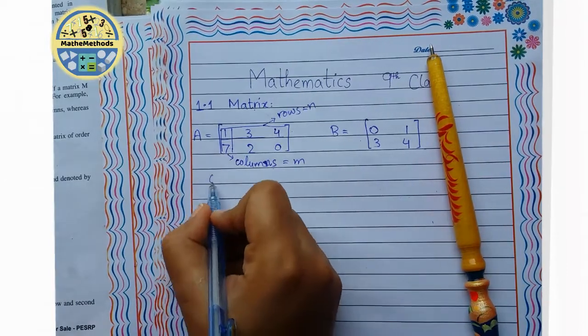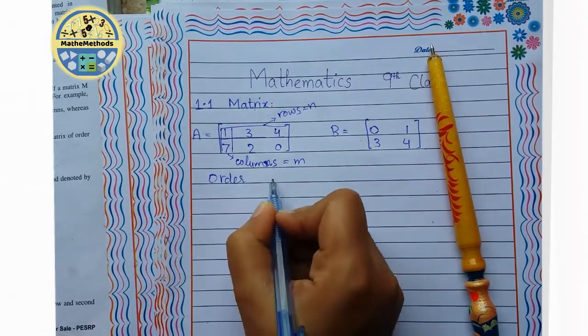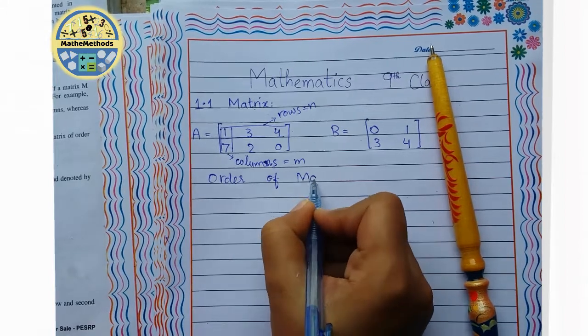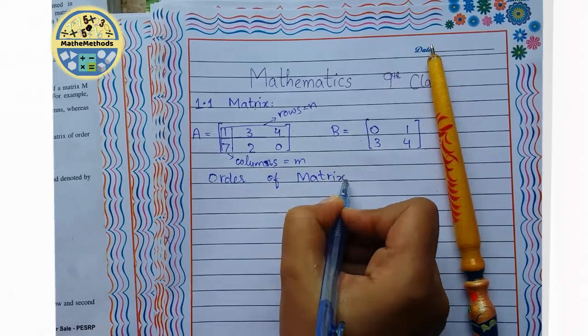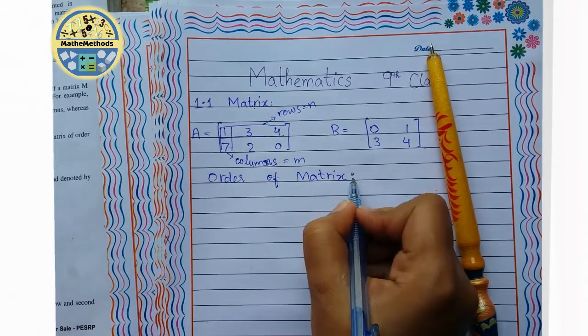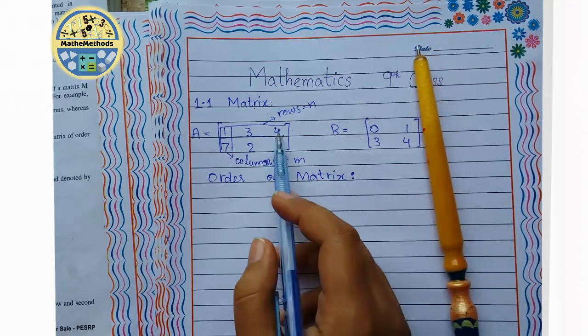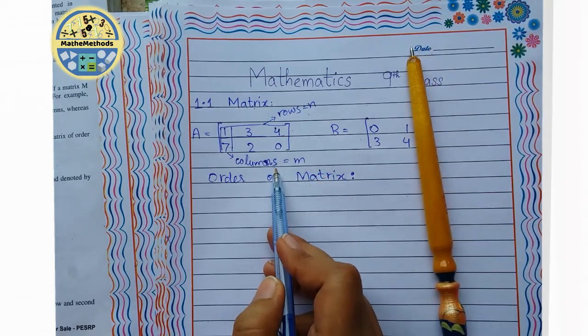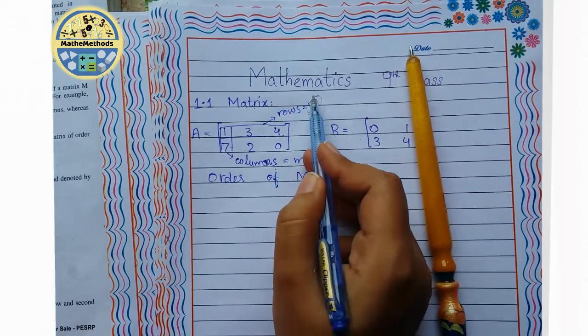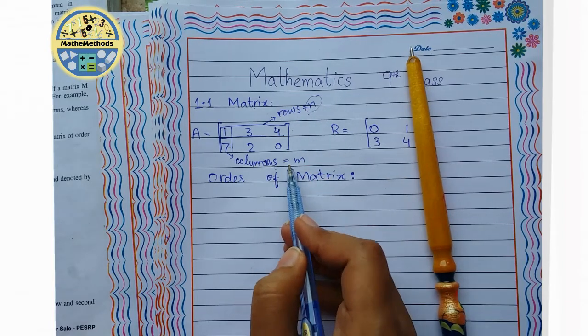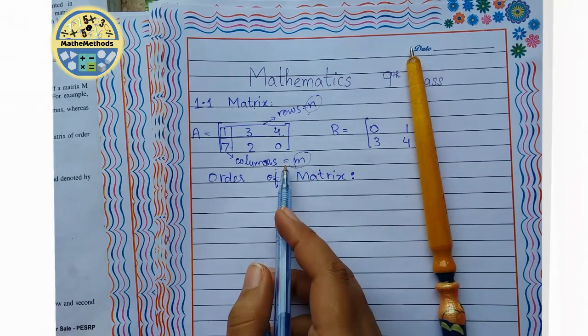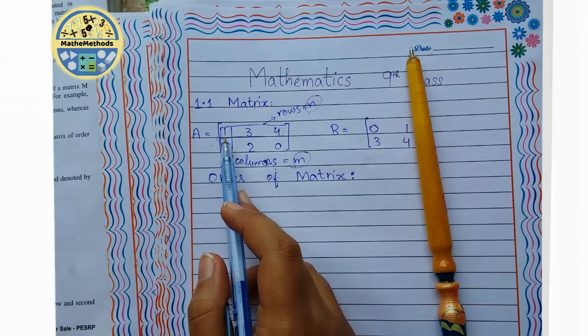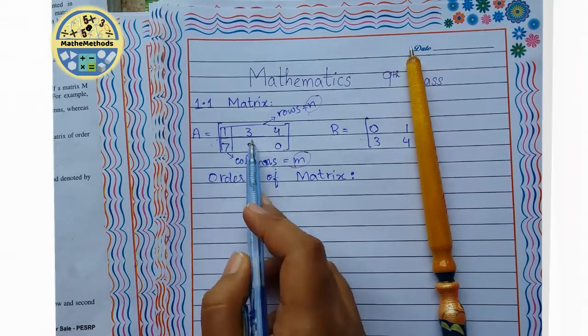Let's talk about the order of a matrix. Order of a matrix is basically the number of rows into number of columns. We always write the number of rows first and then the number of columns. For example, there are 2 rows and 3 columns in this matrix.